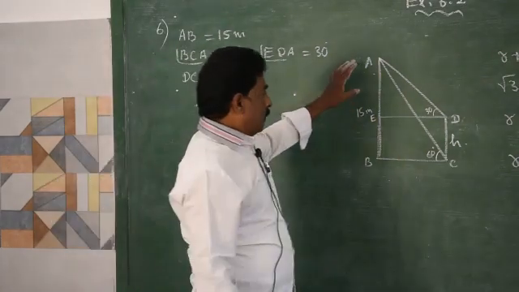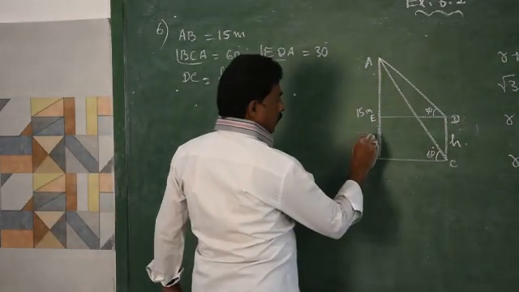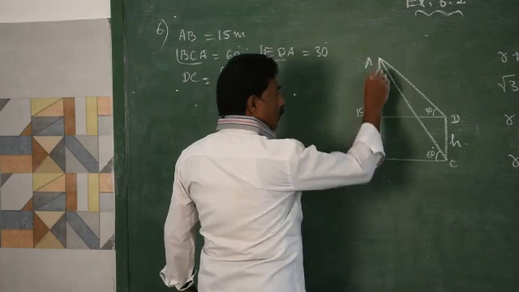So if CD is H, this is also H. What is AE?